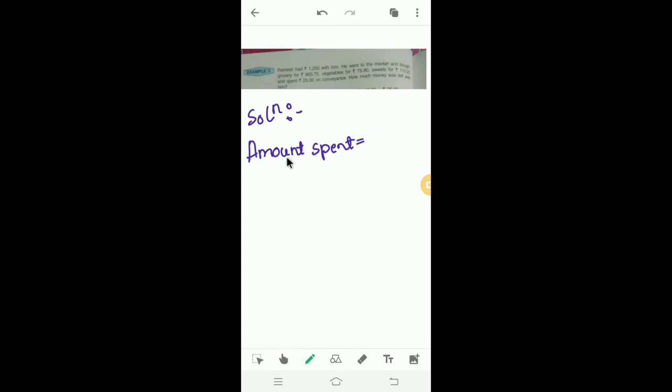Let's see the solution. Amount spent is equal to ₹665 75 paise, 75 rupees 80 paise, 112 rupees 20 paise and 25 rupees.